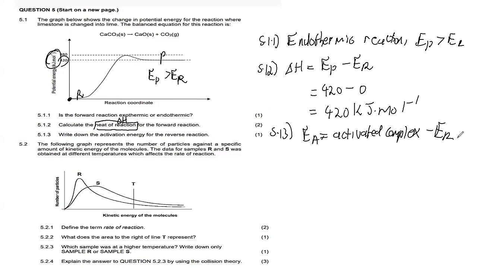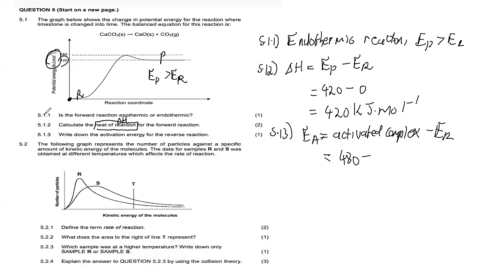That's how you approach that question. Now, what is our activated complex? We know that it is that maximum energy that we find there. So that's 480. And then what's the energy of the reactant? Note that they said the reverse reaction, so do not be caught by that. It's a trap.